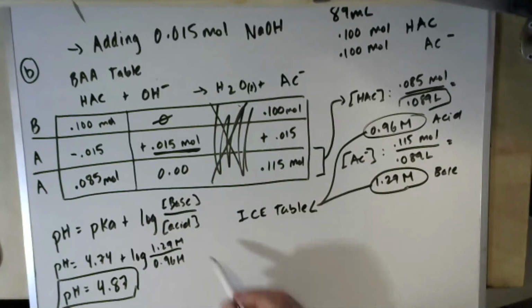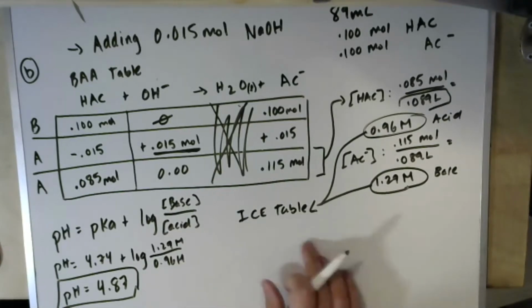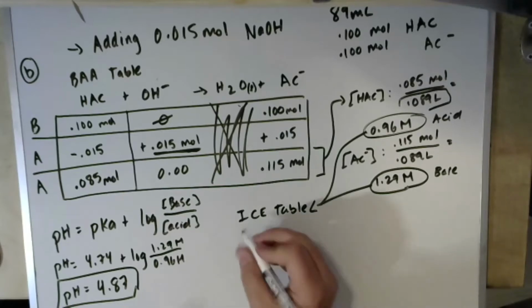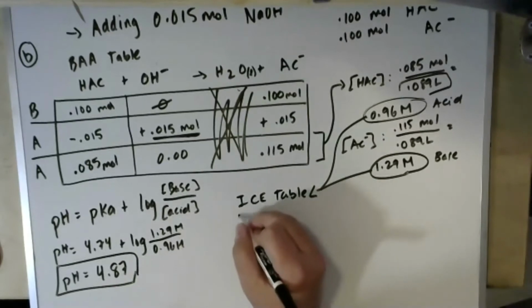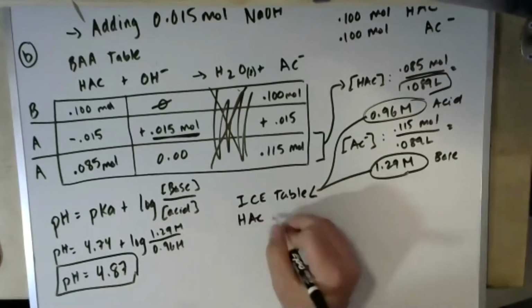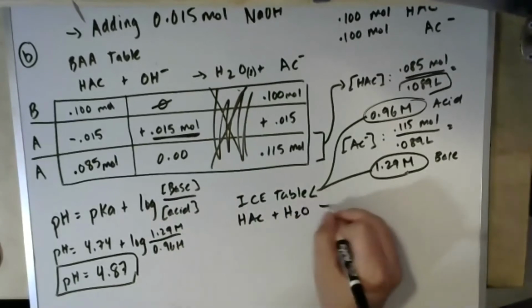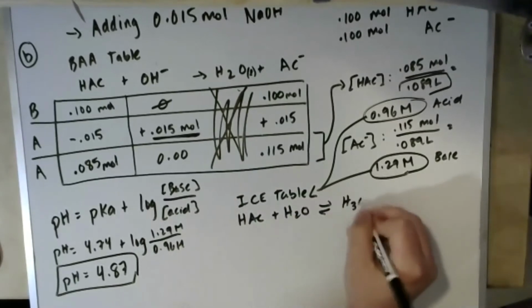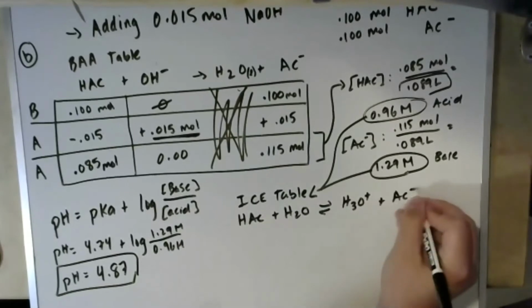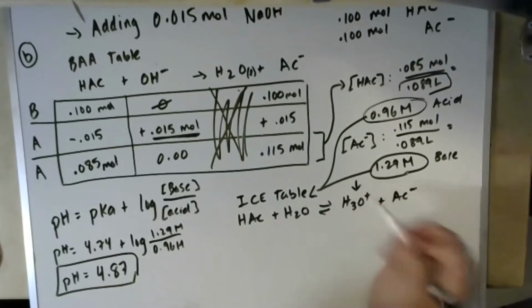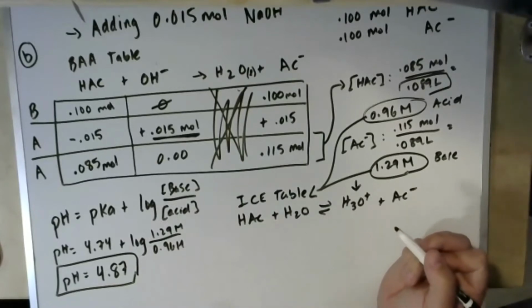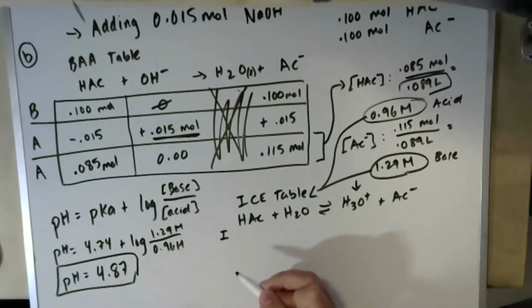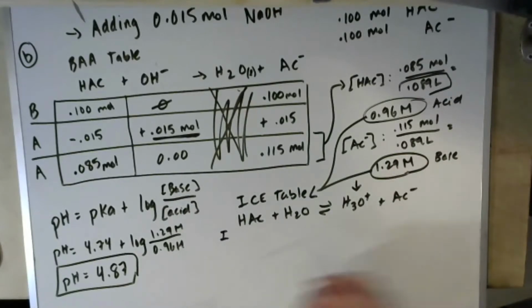If you wanted to do it using an ICE table, that would be totally fine too. Let's do this real quick. So we have our HAc plus H2O. It's going to give us H3O plus and Ac minus, and we're going to be calculating the H3O plus value so that we can get a pH from that. Our initial concentrations come from the values that we got out of our BCA table here.